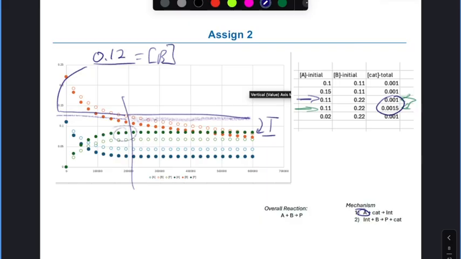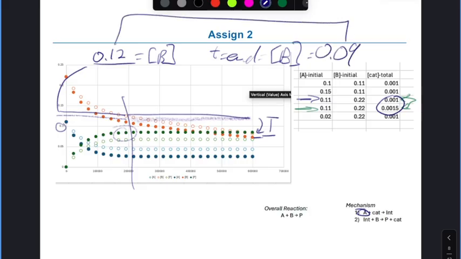And by the end of this reaction, we've dropped down below 0.1. So at the actual t equals end, the concentration of B is now somewhere around 0.09, right? That difference is pretty big, right? You're losing 0.03 molar or so.